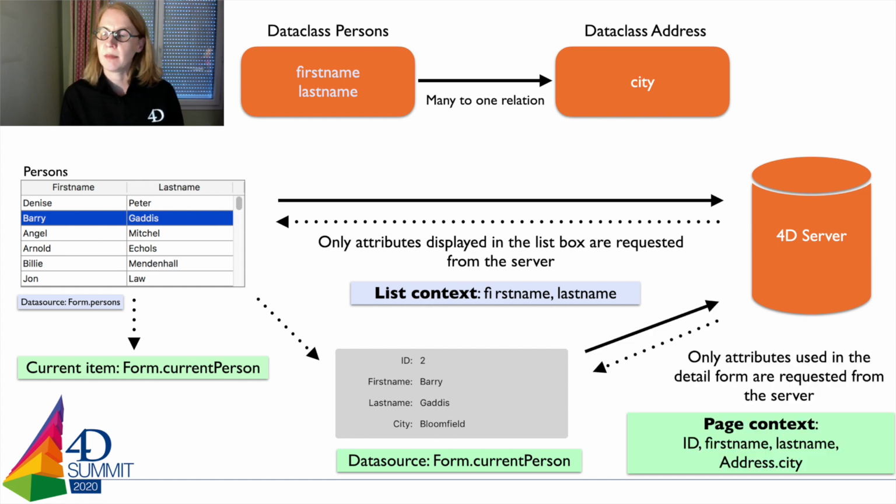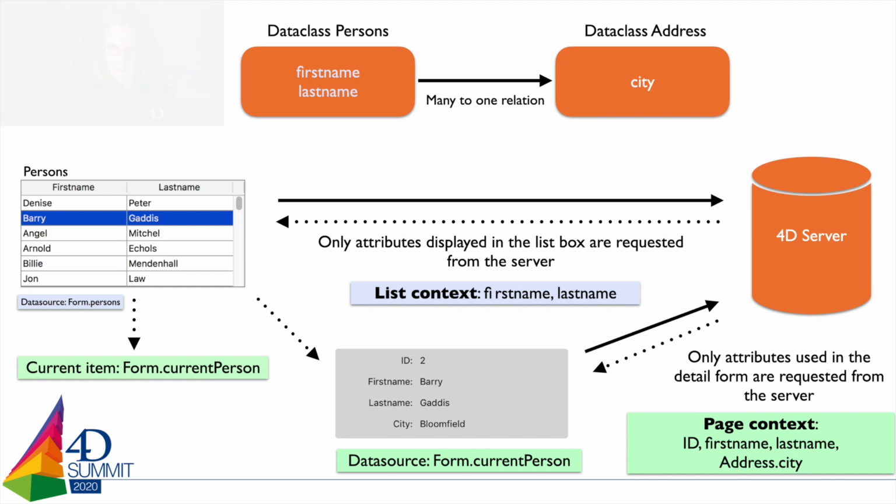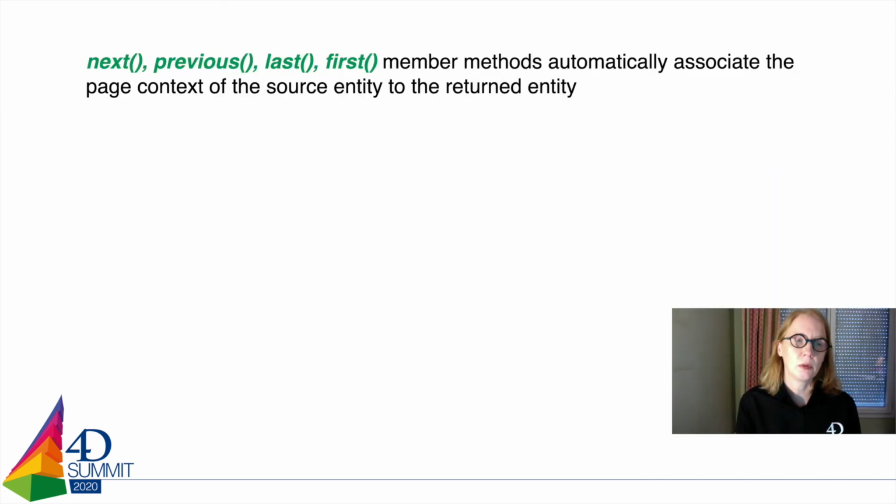And here 4D manages a page context with those attributes, and those attributes, ID, first name, last name, and city, are requested from the server, and only those attributes are requested. It's important to know that the next, previous, last, and first member methods work with this page context.